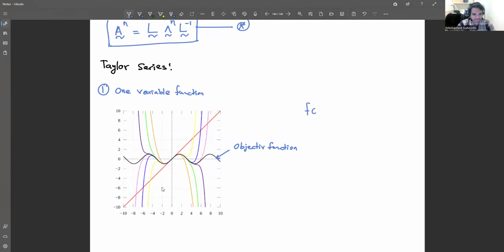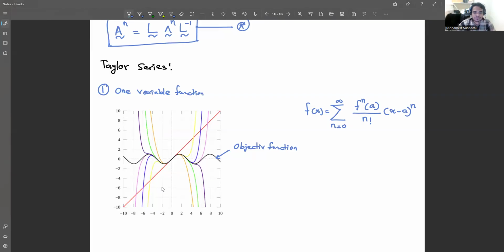The Taylor series expression: f of x equals the sum, we consider an infinite number of terms, n equals 0 to infinity, of the nth derivative of the function at one point, I will tell you what is the meaning of a here, over n factorial, into x minus a to the power n. So this is the Taylor series expression for the one dimension case.